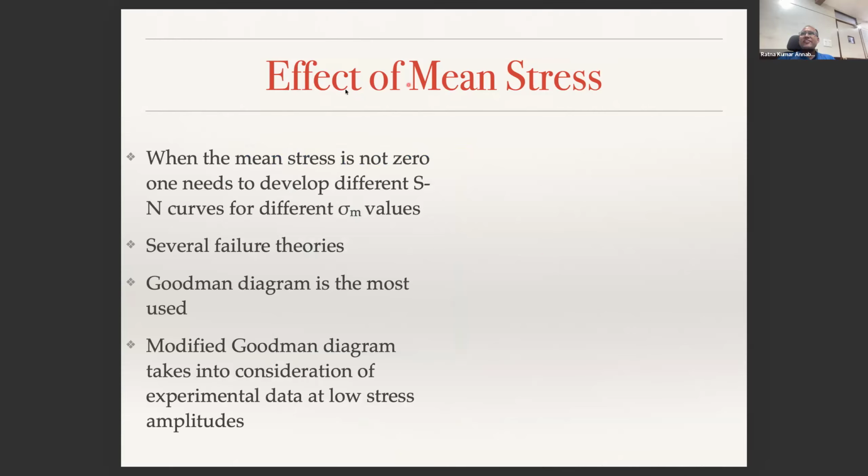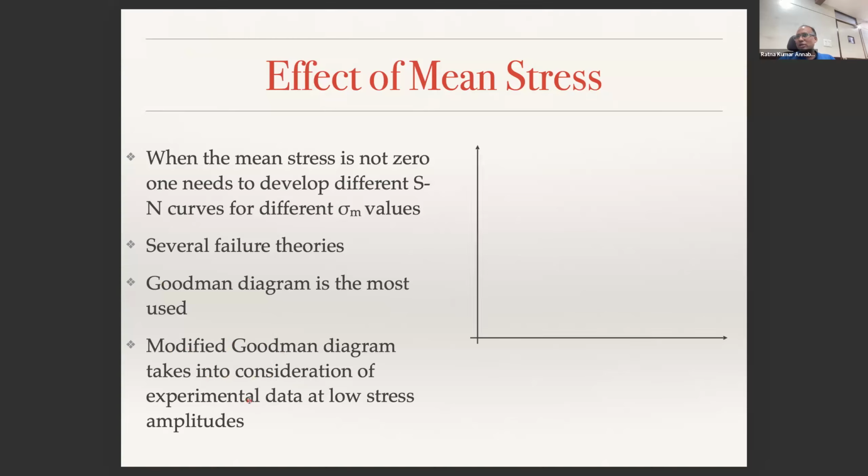Again, we are reiterating the effect of mean stress. When the mean stress is not zero, one needs to develop different SN curves for different sigma mean values. There are several failure theories, of which the Goodman diagram is the most used. In fact, not the original Goodman, but the modified Goodman diagram that takes into account the experimental data.